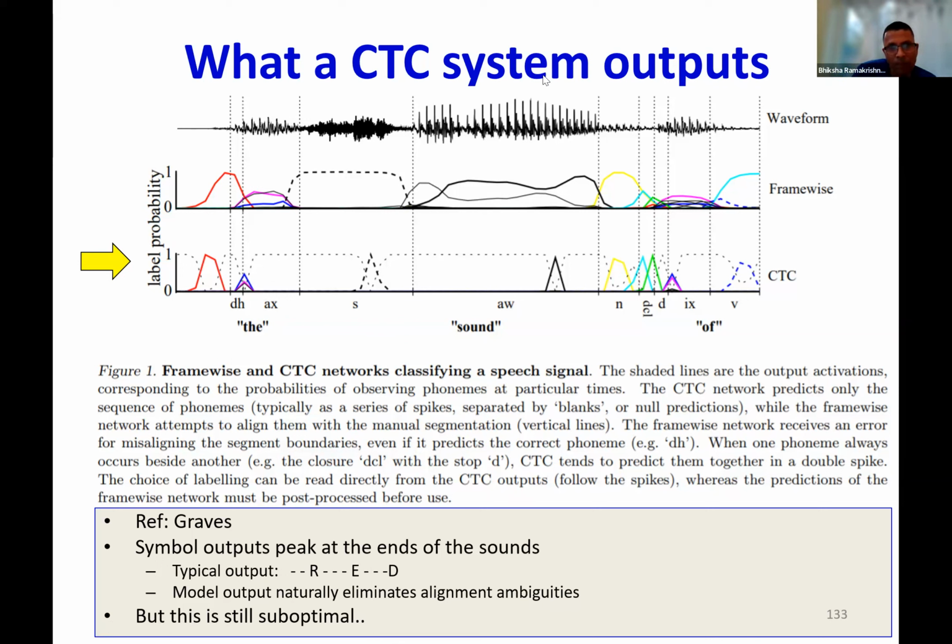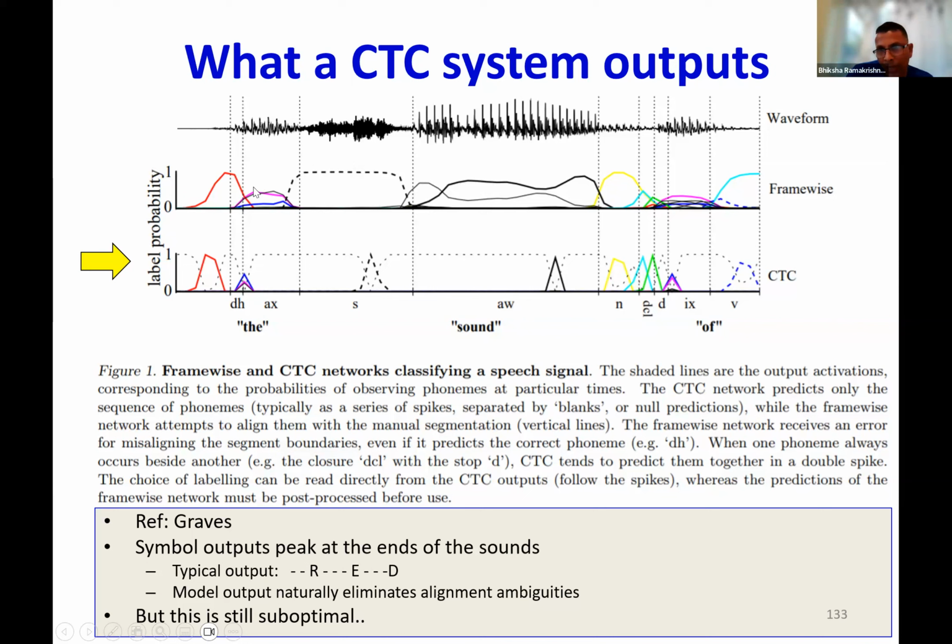If you look at the probability of all the symbols as a function of time, what you observe here, for some word, is the dotted line, which shows the probability of the blanks.